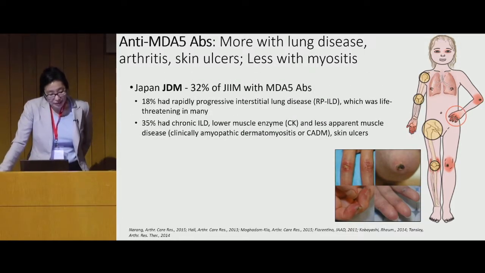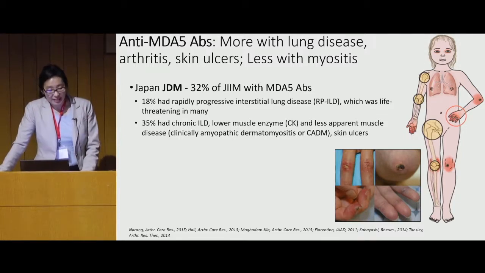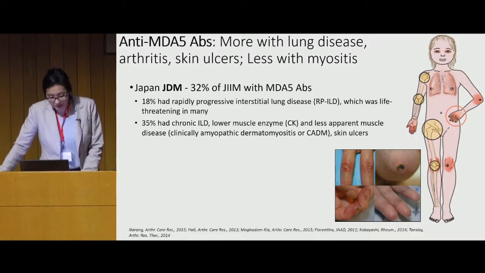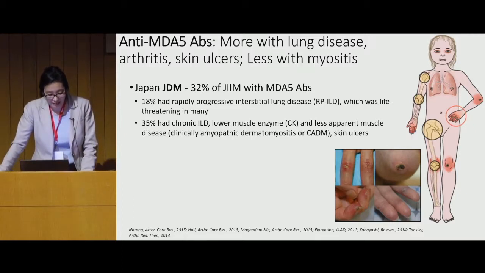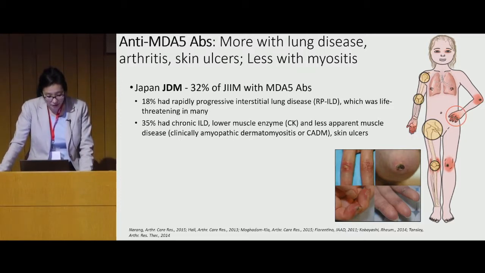So in the Japanese juvenile dermatomyositis cohort, they had a pretty high incidence of rapidly progressive interstitial lung disease that can be abbreviated with RP-ILD, which was even life-threatening in some of those individuals.